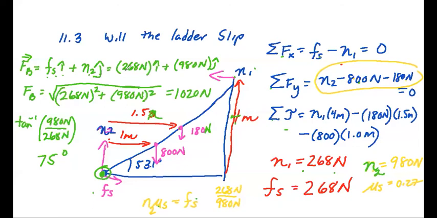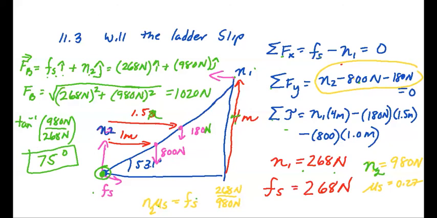We had 268 newtons I plus 980 J. They're both positive, and to get the magnitude, I converted those Cartesian coordinates to polar and got this value, 1020 newtons. That's the magnitude. Then to get the direction, I took the tan inverse, like we always do, of the y coordinate over the x, and my angle was 75 degrees.